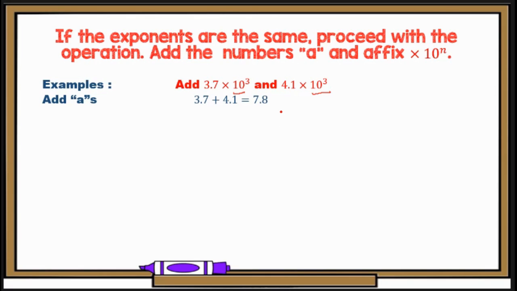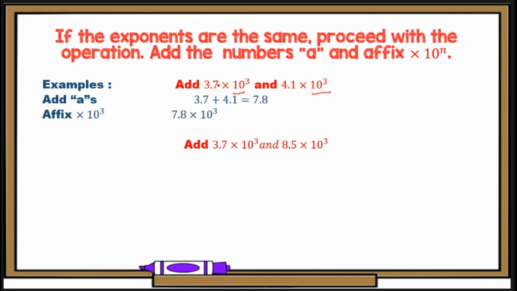We have 3.7 plus 4.1, which is equal to 7.8. Now let's affix times 10 raised to the power of 3. That is 7.8 times 10 raised to the power of 3. That is the final answer. It's really easy, right?